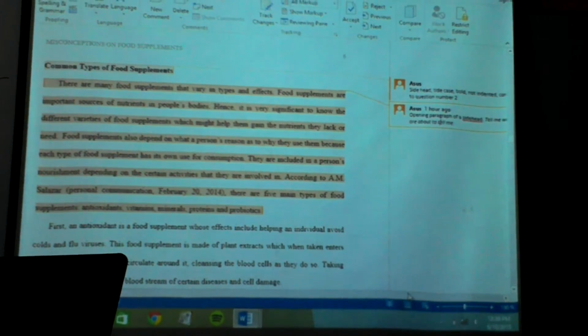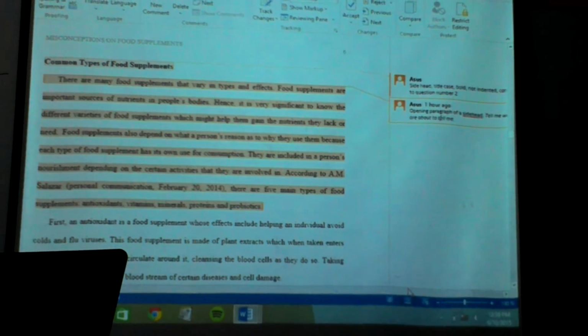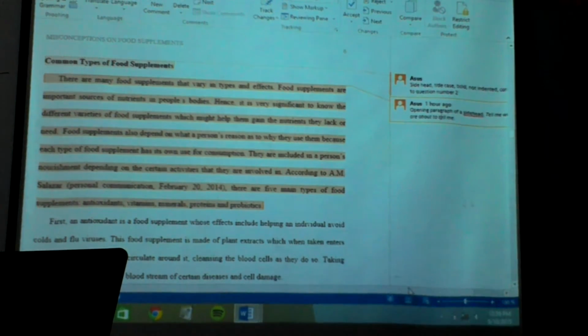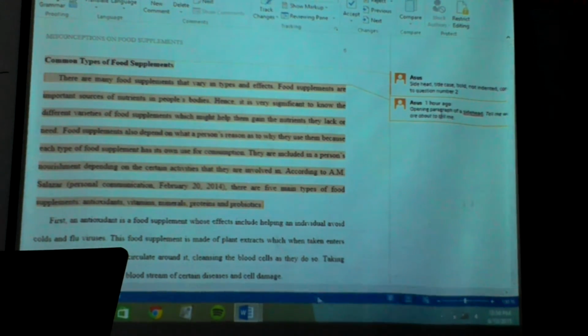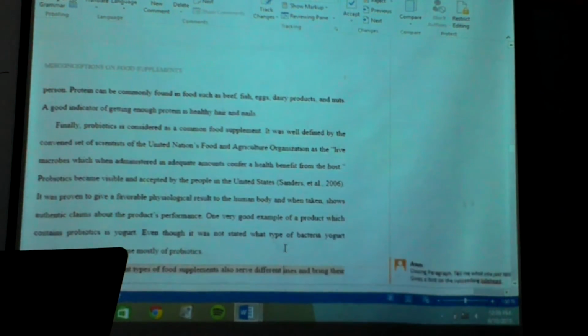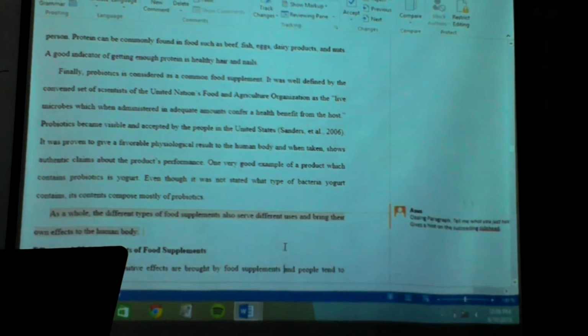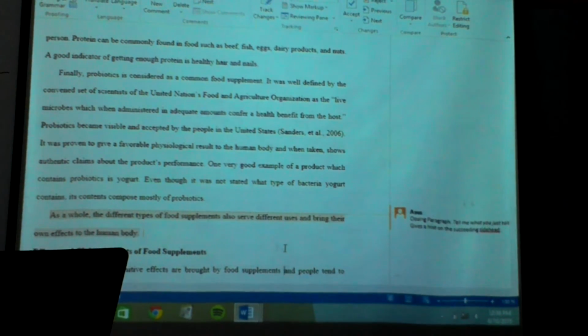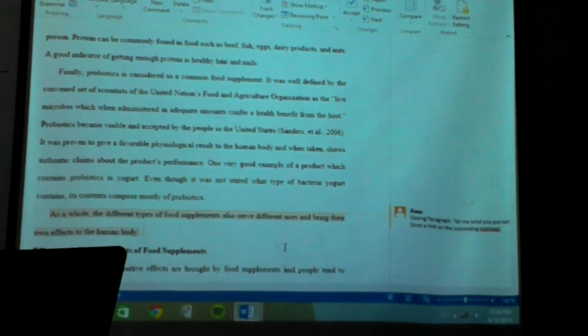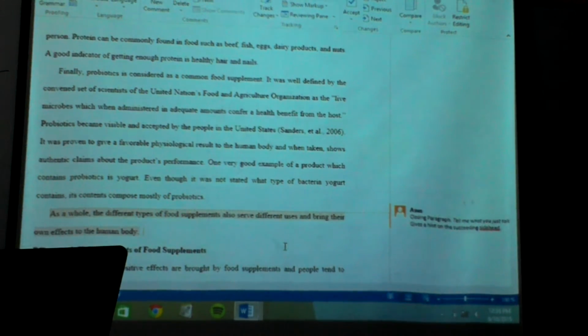Here, you are going to tell me what you're about to tell me. 5, first, second, third, fourth, finally. Oh, nung nasabi ko na lahat, after nung finally, tapos na. Be makulit, give me a closing paragraph. Tell me what you just told me. Okay?